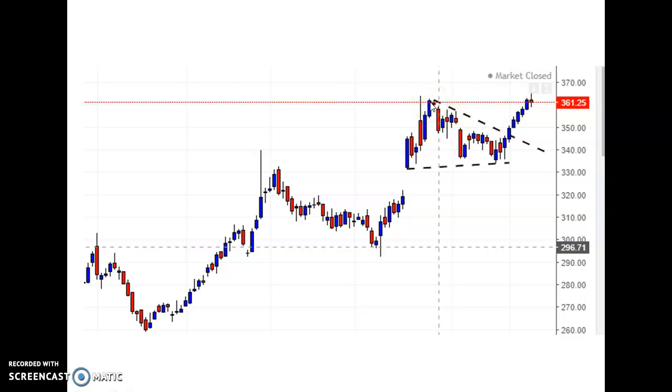Around 363 it has formed the double top, and around 336 there is a double bottom.